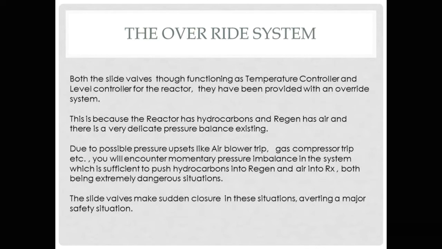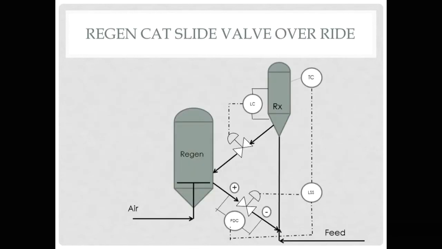So the slide valves in this circuit also have a dual role to play. In such cases, these slide valves forget their normal temperature and level control roles, and they immediately close the lines, preventing air entering the reactor and hydrocarbon entering the regenerator.